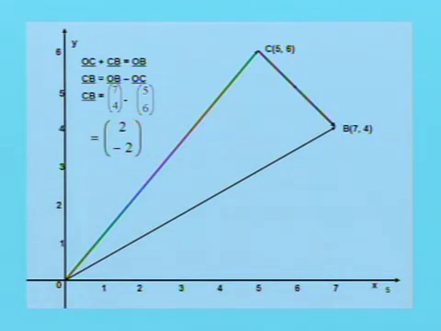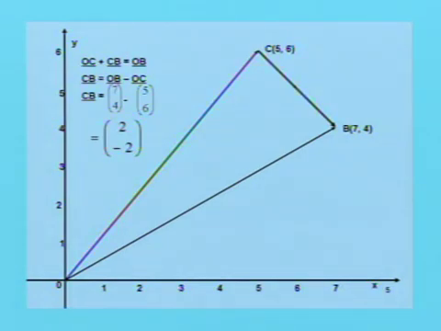If we complete the triangle to give us the arrow diagram, we move from O to C and then C to B. It will give us the same as moving from O to B. And notice where we have the arrow for CB.